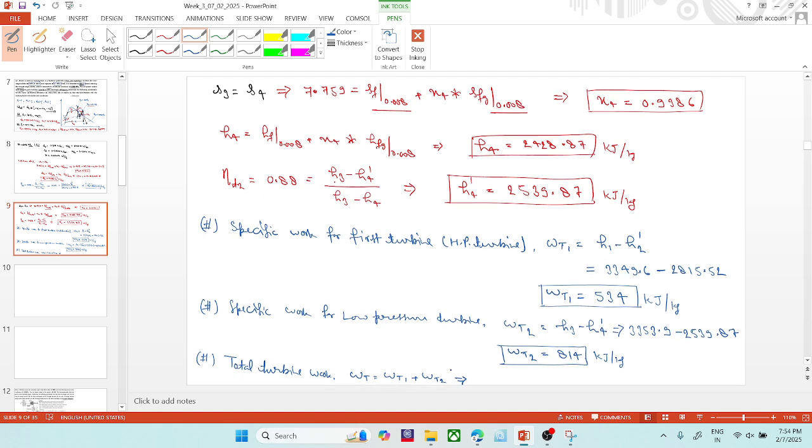It would be 534 plus 814, 1348 kilojoule per kg. So this thing we also have determined.